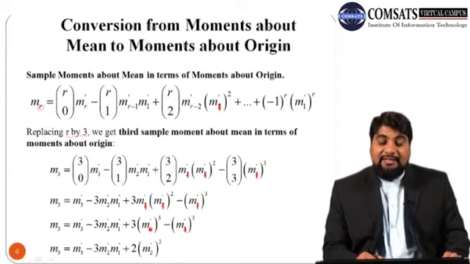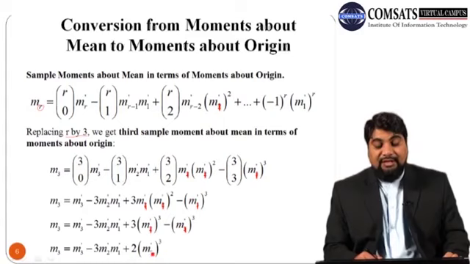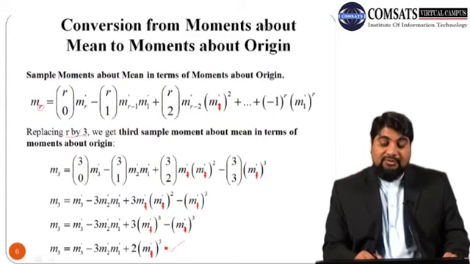Now look at the third and fourth terms. Both terms are the same and their coefficients are plus 3 and minus 1. So we can combine these two terms. Plus 3 minus 1, we get plus 2 times m1 dash whole cube. So this is the formula.